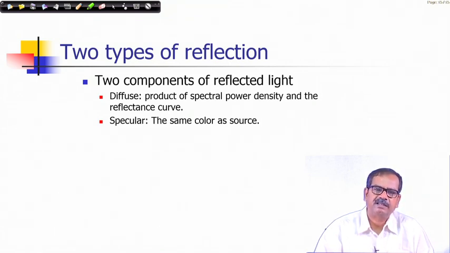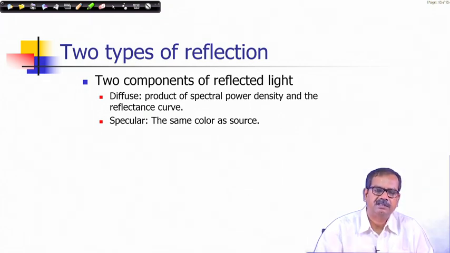Now, to understand once again how colors are perceived or produced, what components are there when we record the corresponding color signal. We have to consider two types of reflection occurring on the object surfaces. So, there are two components of reflected light.